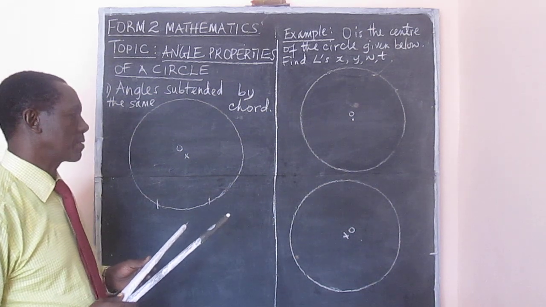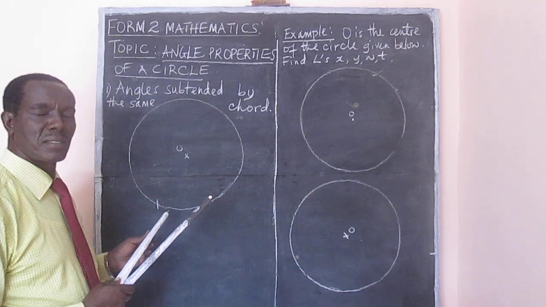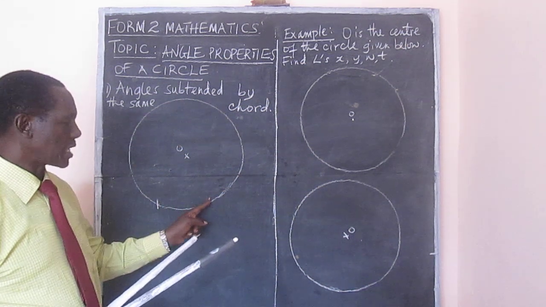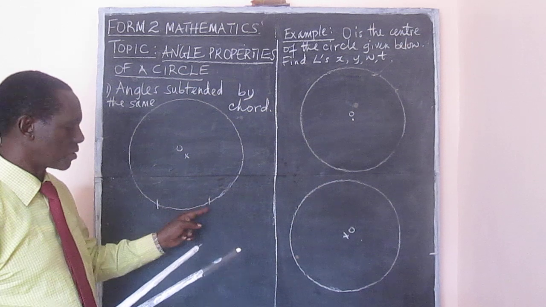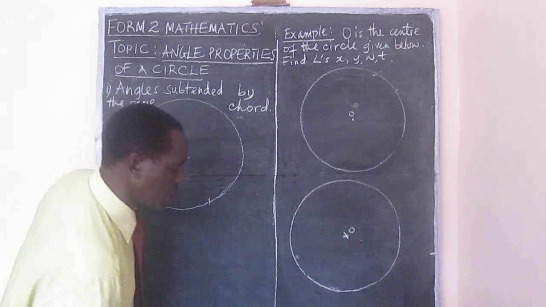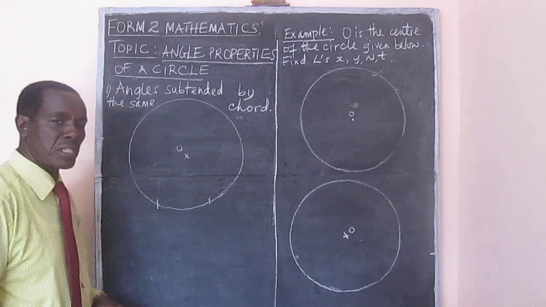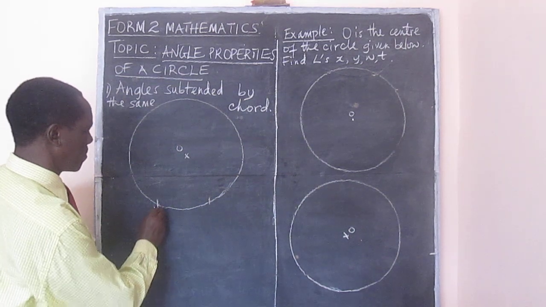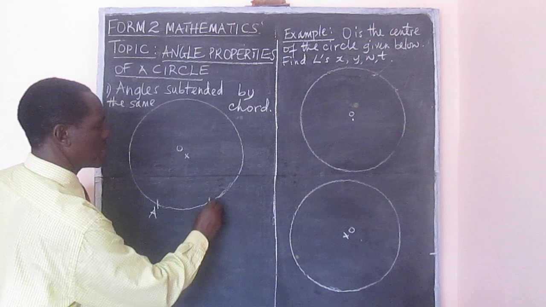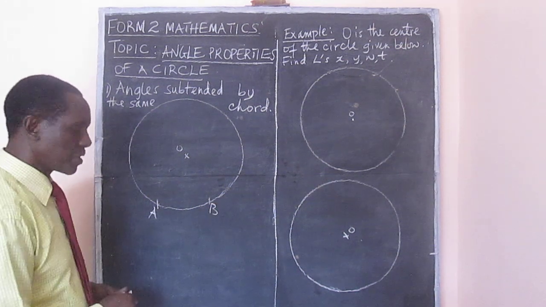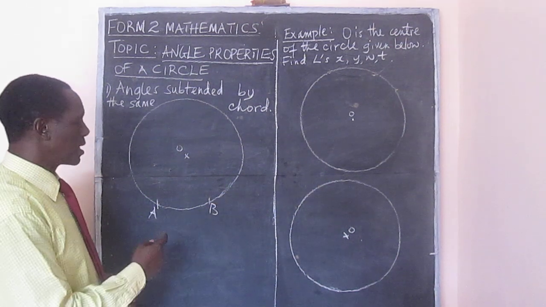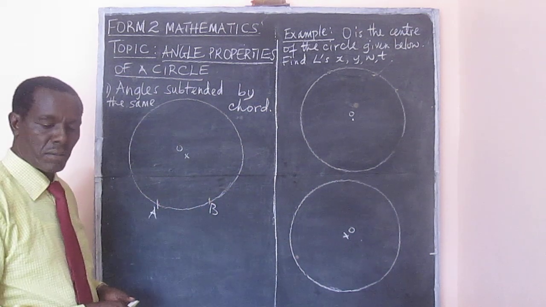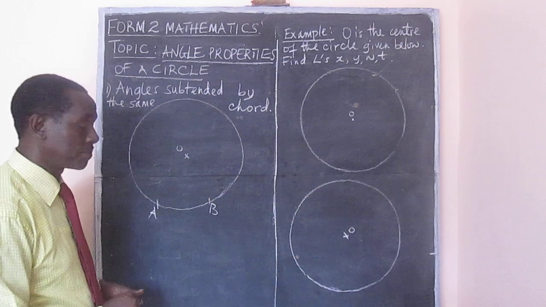We want to see what happens when we make this chord. This arc is an arc from here to here. We are going to label these 2 points. We have this one as point A and this one as point B. Now in this case, the line joining A to B is called a chord.